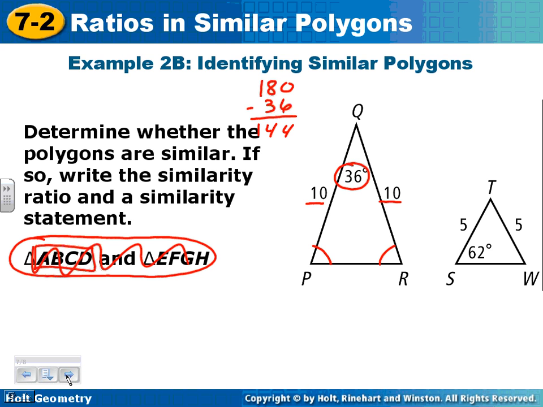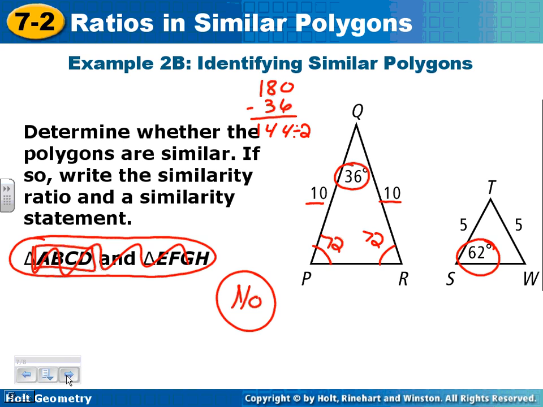And if I divide that by 2, that's 72. That means that's 72, and that angle would be 72. So my angles are supposed to be equal. But if you look, I see a 62 right there. That means these are not similar because my angles are not congruent. So there's a no answer.